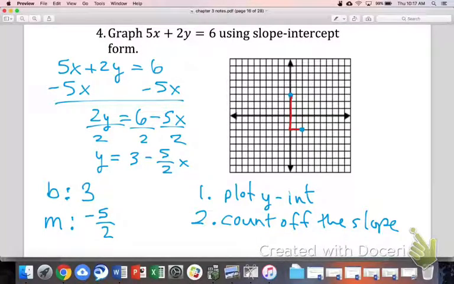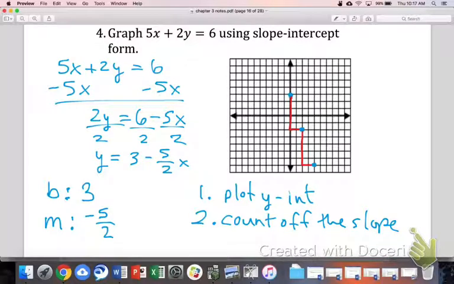Now, if you want to, you of course can continue counting the slope off. So you could start with that second point, and you could go down 1, 2, 3, 4, 5, and then right 2. And there's another little slope triangle. You put a point right there. You can actually also go backwards.